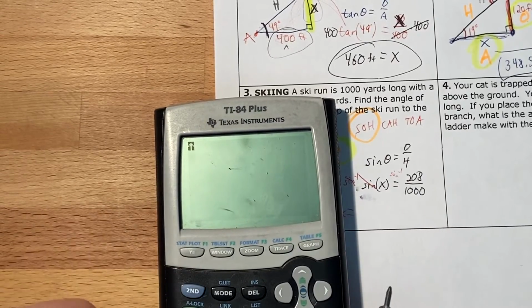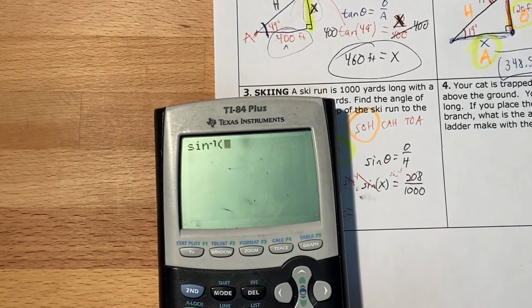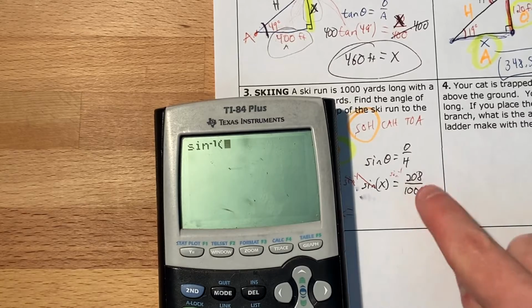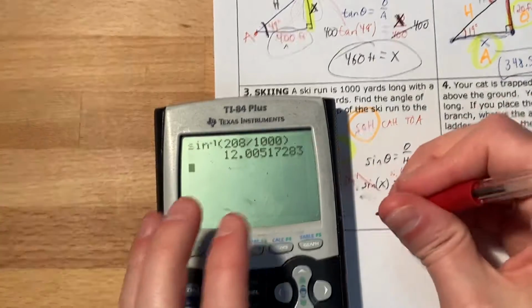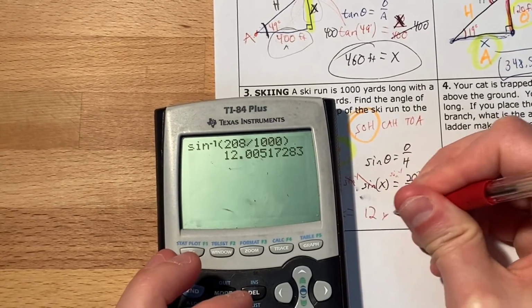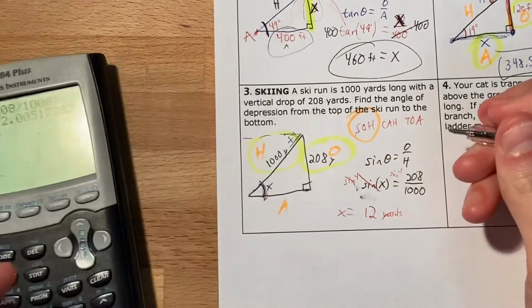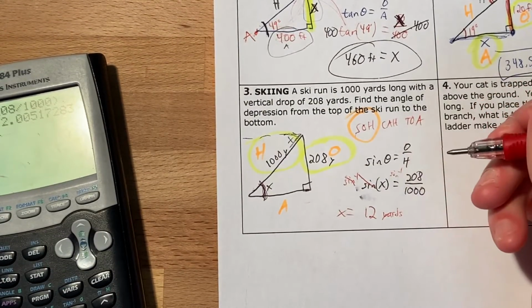So I press second sine, and then 208 divided by 123, and it's about 12. So I'm just going to put 12 yards. There you go.